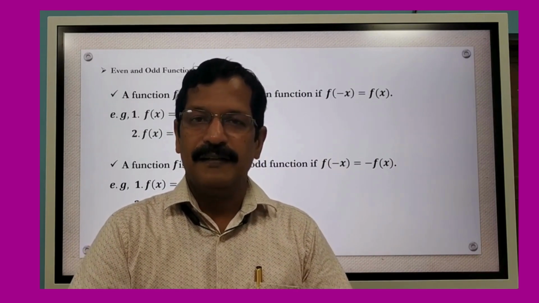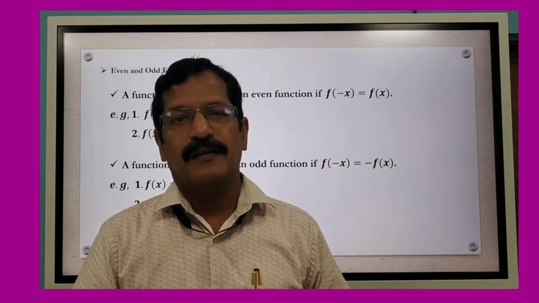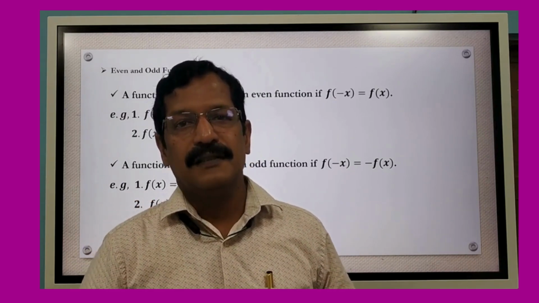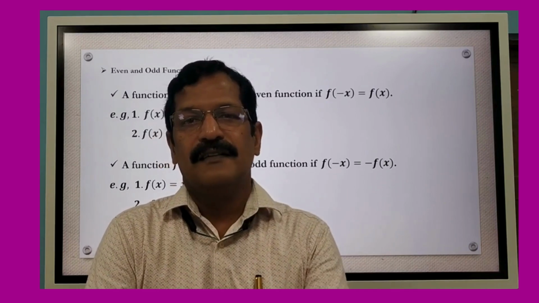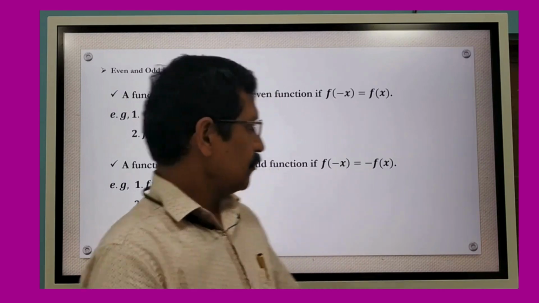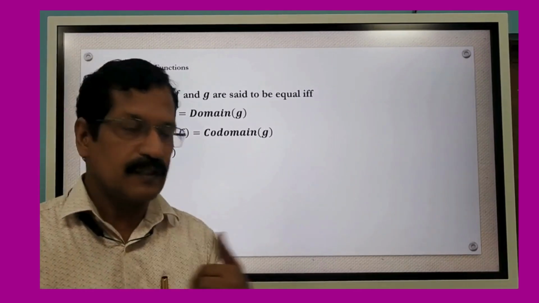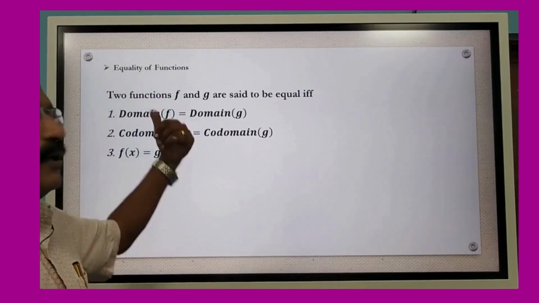Now we have to study some typical type of functions. Of course, that type of functions starts in our text. Let us discuss that. Equality of functions. Before that, I have to discuss equality of functions.